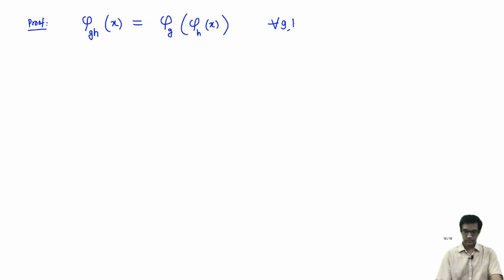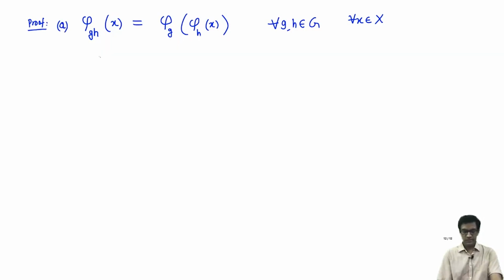Proof. Let's first compute phi sub gh of x. I claim phi sub gh of x is just the composition phi g phi h of x. This is the first statement we'll prove, A.